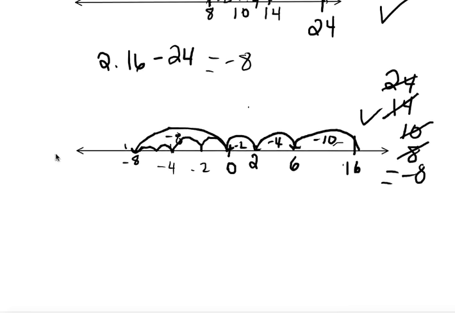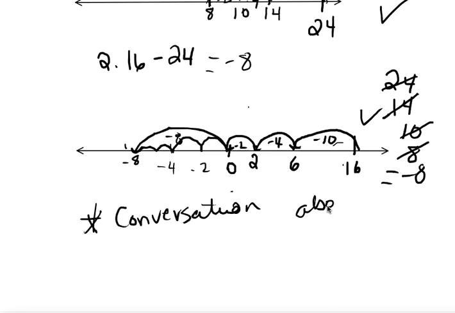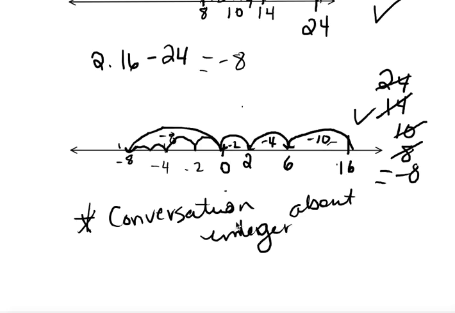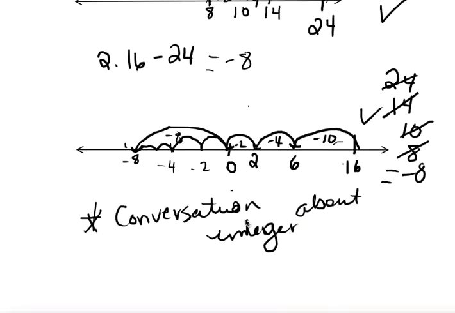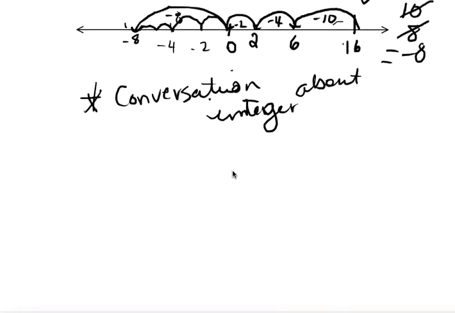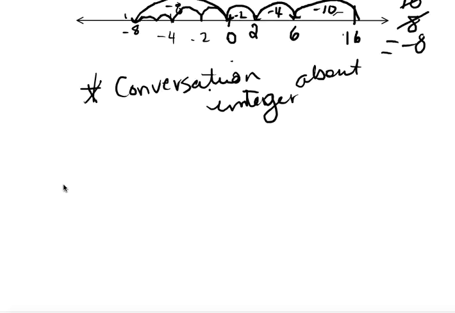With number 2, you've had to have a conversation about integers already. So this would be more of a grade 6, grade 7, whereas the number line above could have been easily at grade 3 or 2.